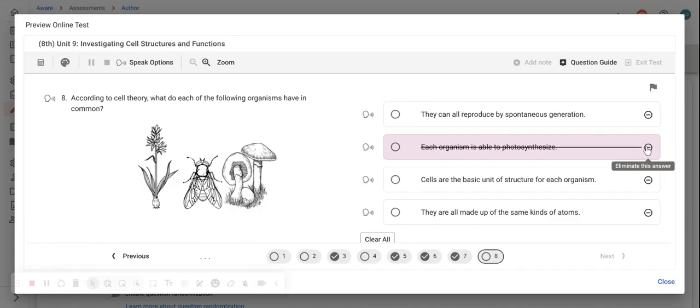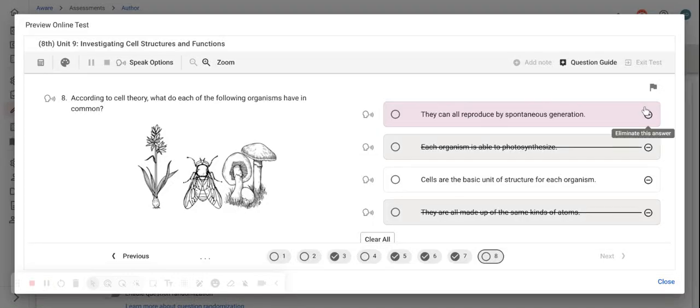We do not. We know that not everything is made up of the same kind of atoms. And even if we did not know what spontaneous generation is, we could cross that off. So cells are the basic unit and structure for each organism.